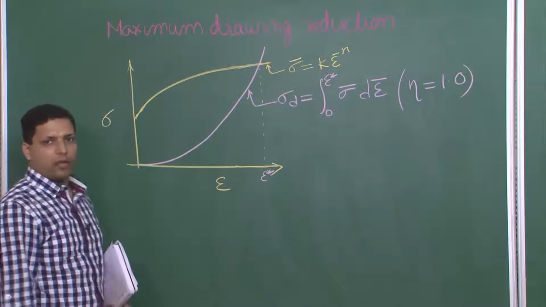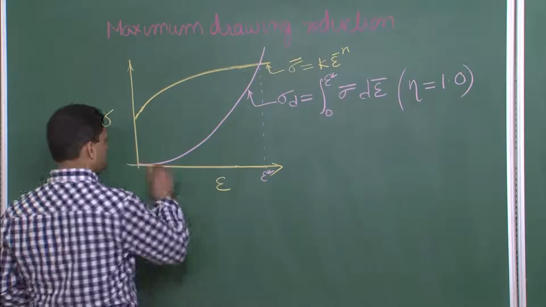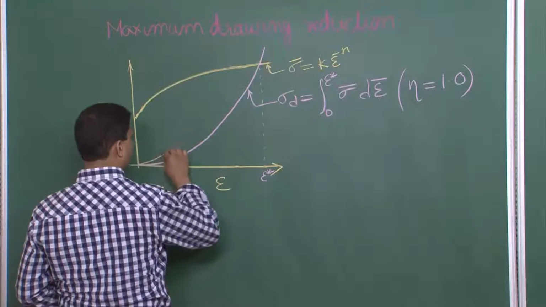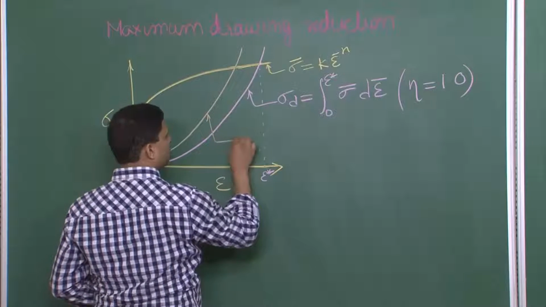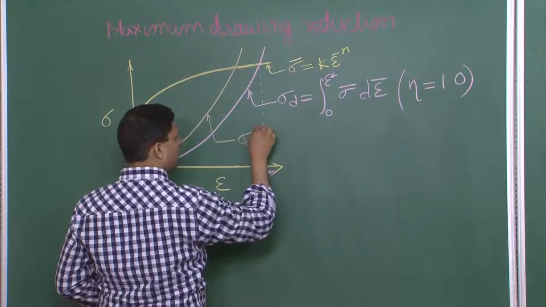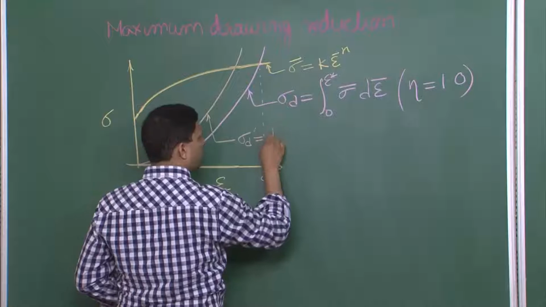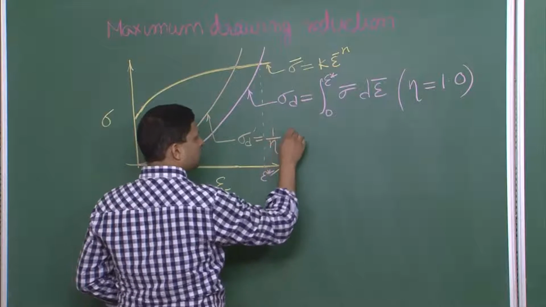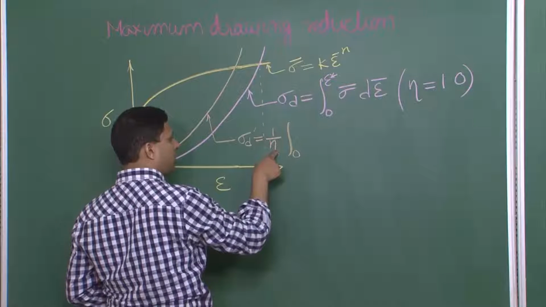What if we have the efficiency of the system a little lower than this? Then the plot will look something like this. So, this is our sigma d. To differentiate it, let me put a prime over here, and we have 1 over eta. So, you can see it is 1 divided by a factor less than 1.